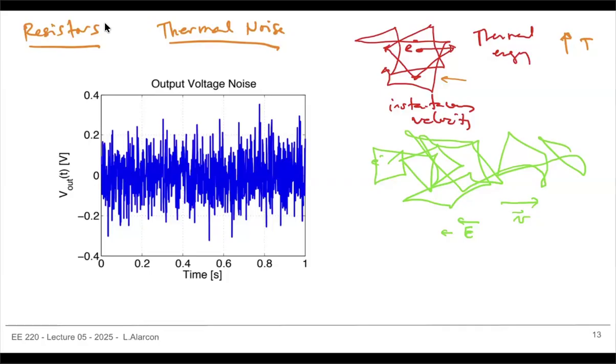And one of the things that we will see later on is, can we control this? Can we sort of limit how large this is? And what are the properties of this particular noise?